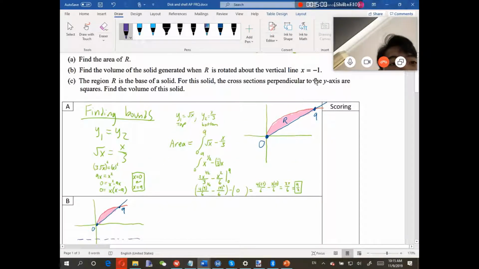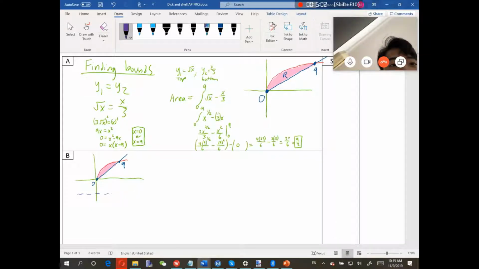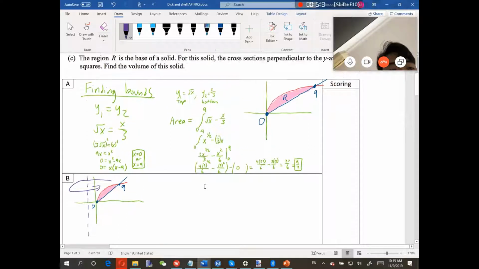I'm spinning around a vertical line, x equals -1. My bad. Okay, so we have not spun around a vertical line yet. So I'm going to take a break, and we'll talk about what our setup's going to look like.